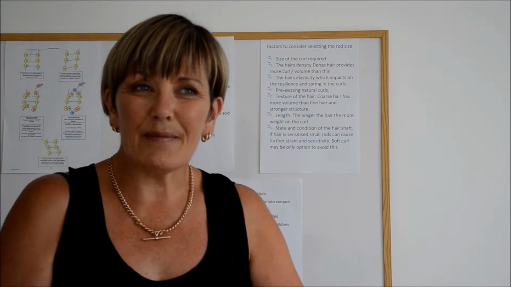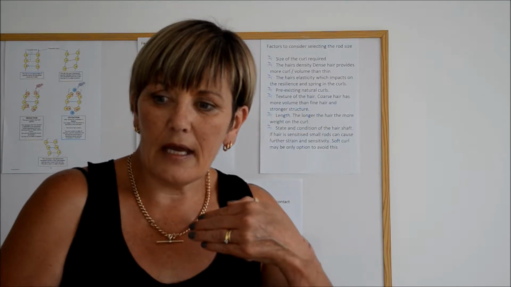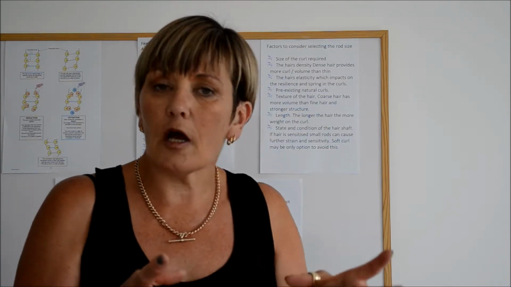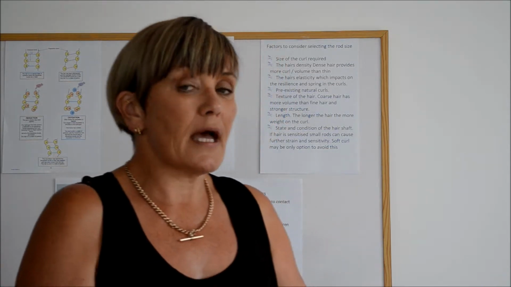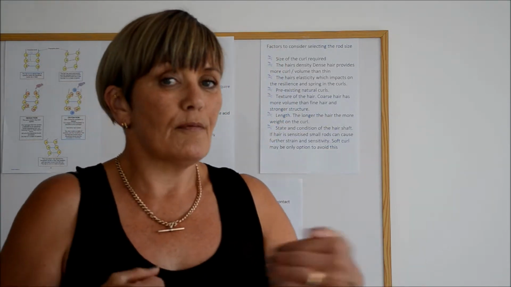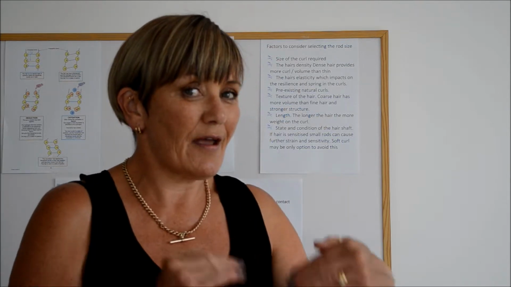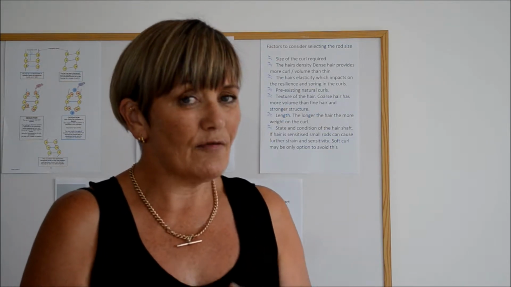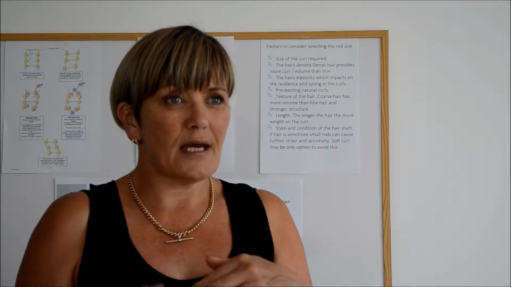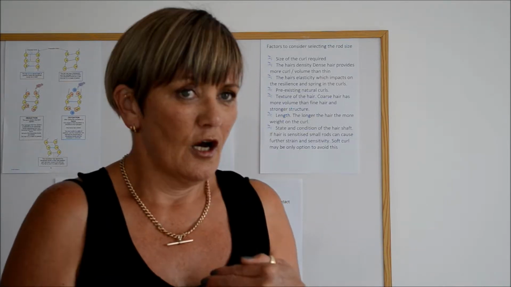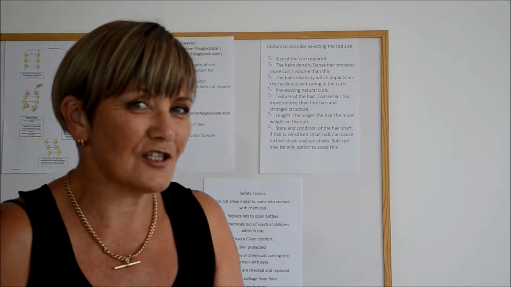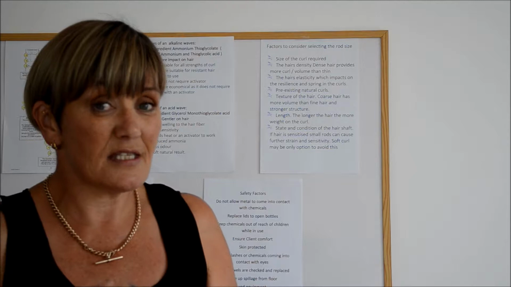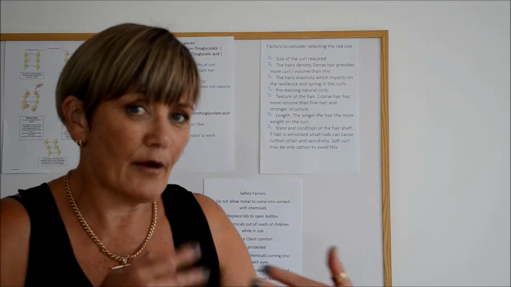So it's my recommendation that if you have a strong head of hair and the client wants a firm result, then you can use a small rod and small sections to achieve a firm result. However, if you used a teeny tiny rod, you're going to use more revolutions around the rod. So you're going to have to think about the impact on your end result and the sensitivity of the hair being wound round and round a teeny tiny rod.